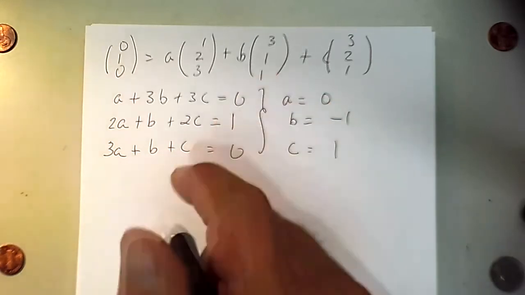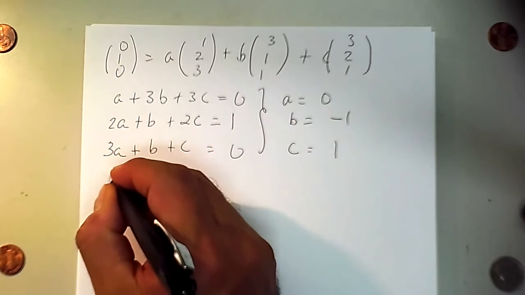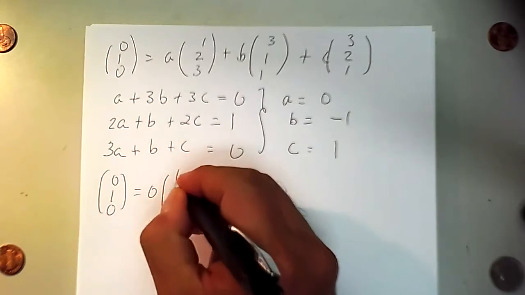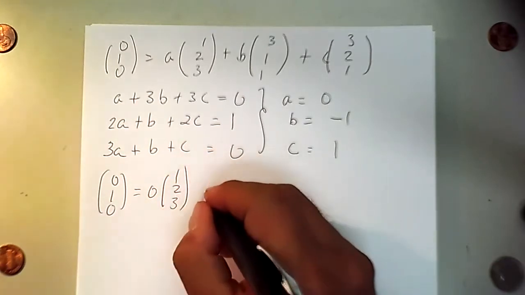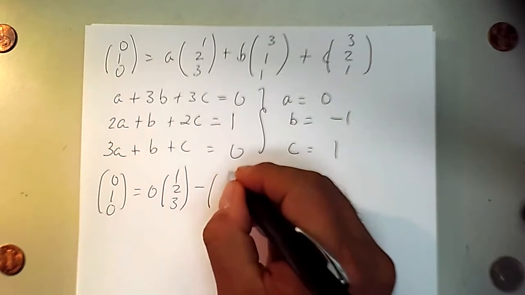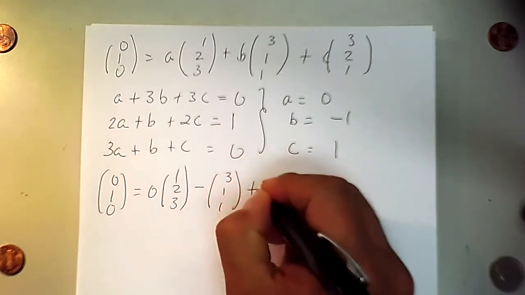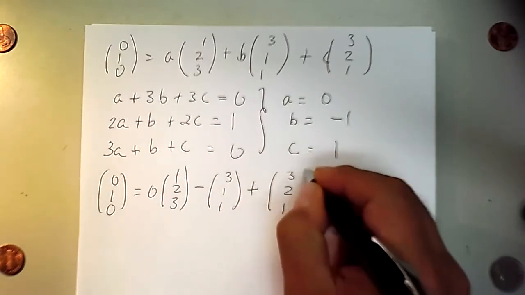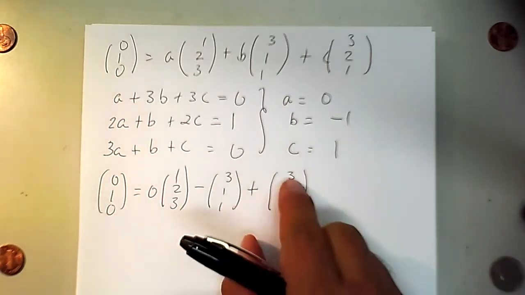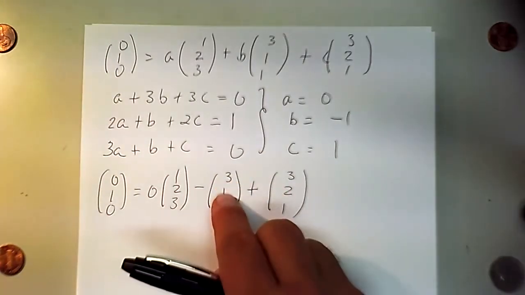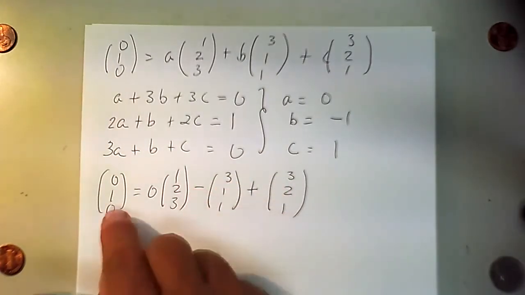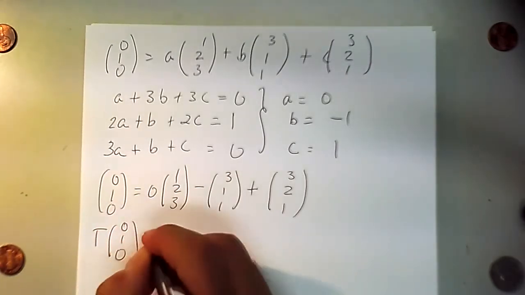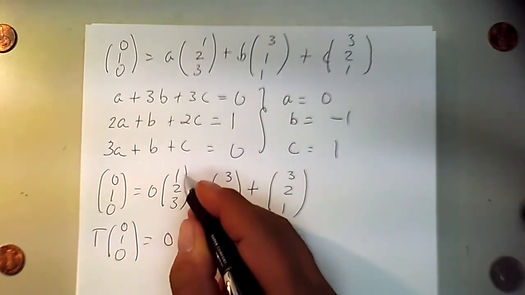So that works, and that means that 0, 1, 0 is exactly the 3, 1, 1 vector subtracted from the 3, 2, 1 vector: 3 minus 3 is 0, 2 minus 1 is 1, 1 minus 1 is 0. So we're good.